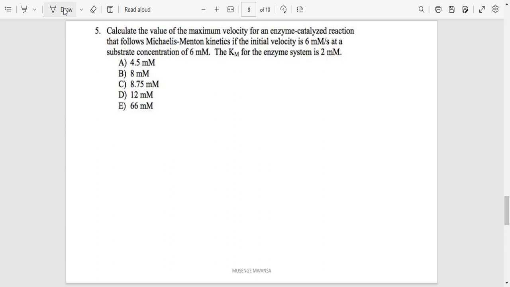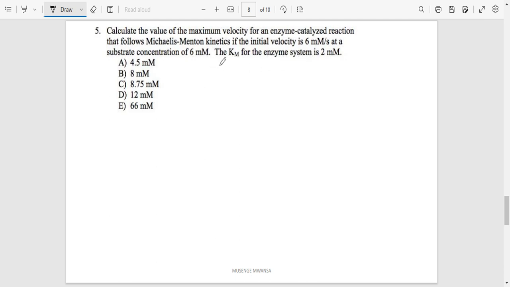Let's consider also this one. Calculate the value of the maximum velocity for an enzyme catalyzed reaction that follows Michaelis-Menten kinetics if the initial velocity is 6 millimolar per second at a substrate concentration of 6 millimolar. The Km for the enzyme system is 2 millimolar.